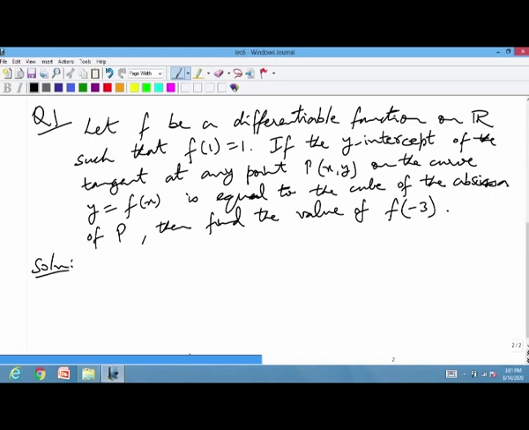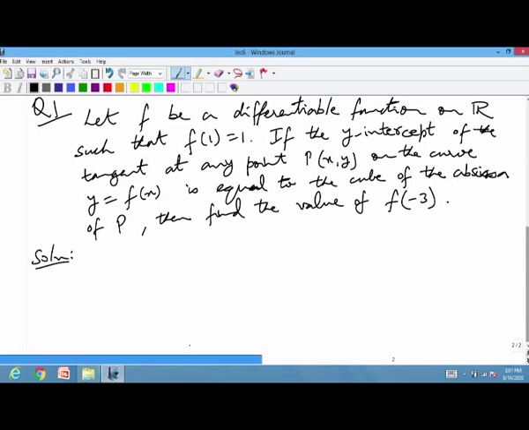So, here we are given some condition, we have to first form a differential equation and then solve it. So, we know that the slope of the tangent at P(x, y) is given by dy by dx.